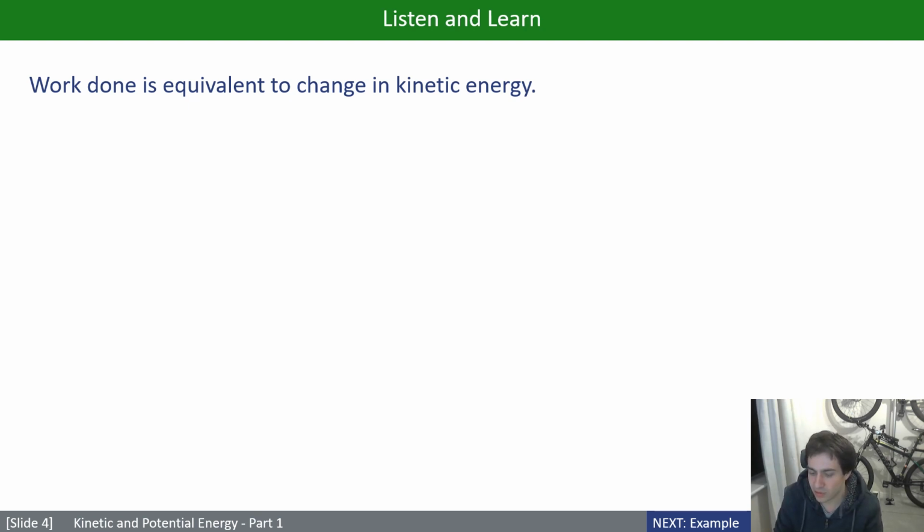To express this as a formula, which would be very useful, I would write it this way. I would say work done equals, and we have this usual notation v and u to describe an earlier velocity and a later velocity, and mass, of course, at least at this level, does not change.